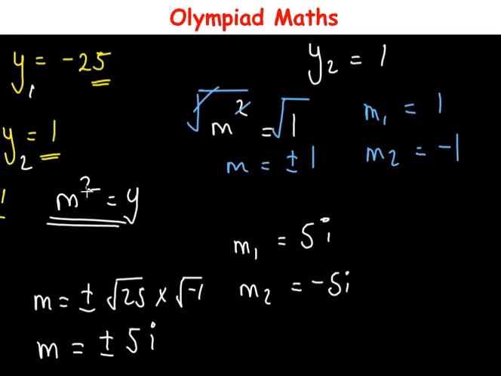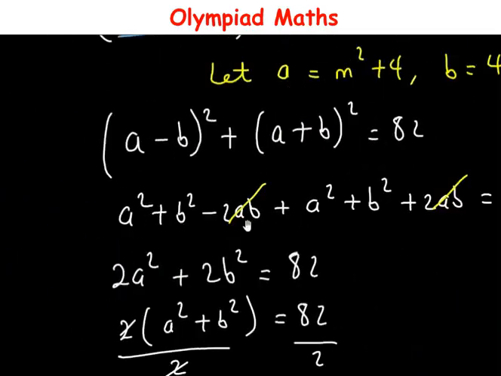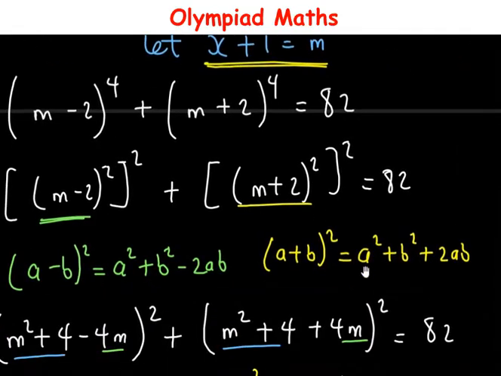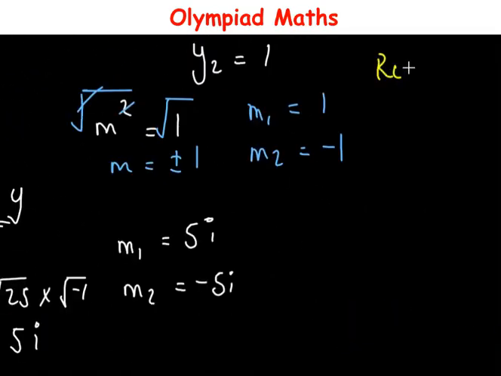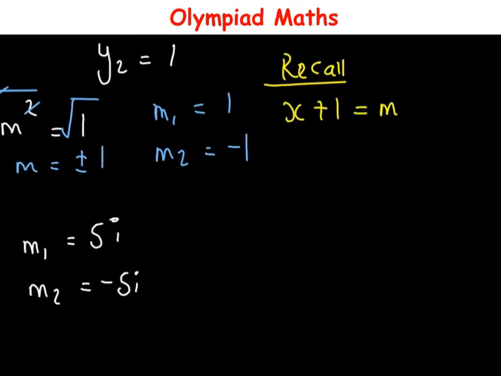Now, the goal is to solve for x. So recall that we said let x plus 1 equal m. So we use that to solve for x right here. We recall that x plus 1 is equal to m. So inputting these values of m into this equation to solve for x, for m1, x1 plus 1 is equal to m1, which is 1.